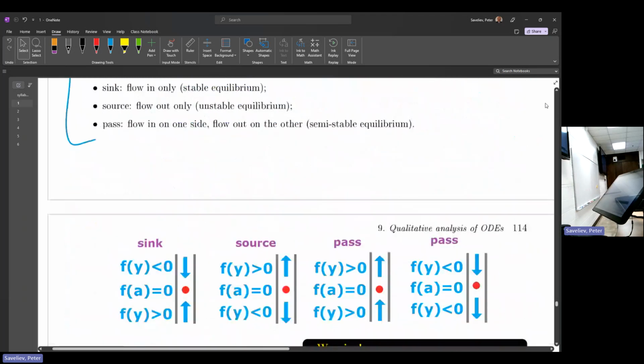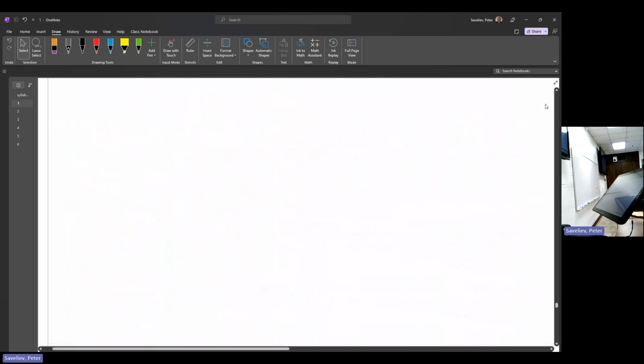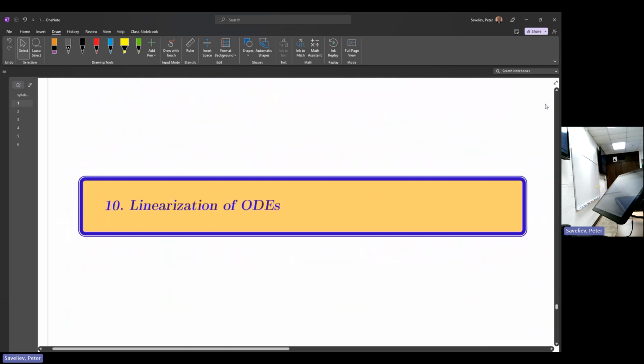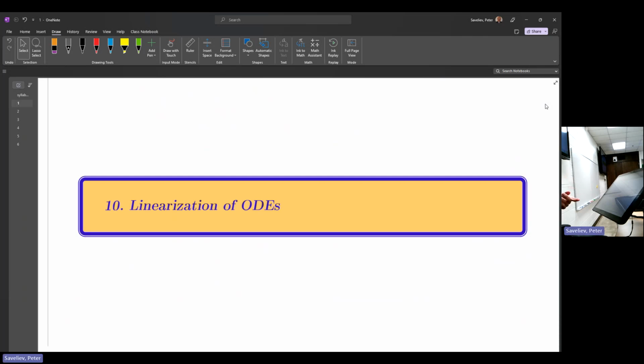We have one more last topic for dimension 1, and it's a big one. It's called linearization. We already did one linearization. Remember when we did linearization? Well, yes, but in a particular way, right?